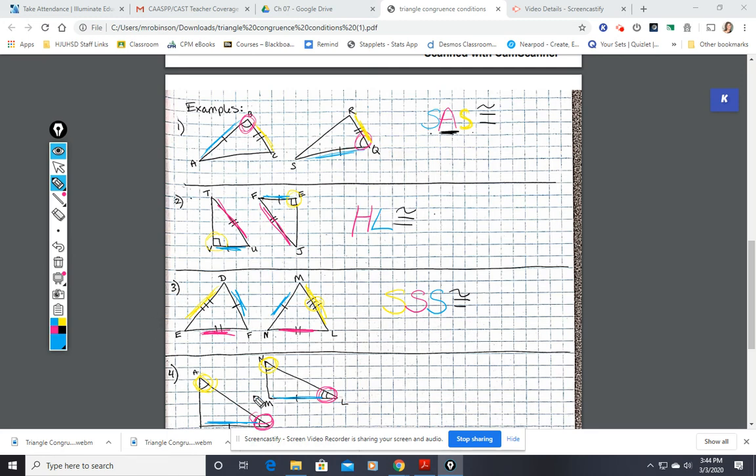So if I put these things in order, I know that I have a side, and I know that I have 2 angles, but the side is only touching that pink angle, so I'm going to make sure that it only touches that angle. And then my other angle is kind of out to the side. So this is going to be side angle angle, or you can say angle angle side if you wanted to reverse that. That is also true.